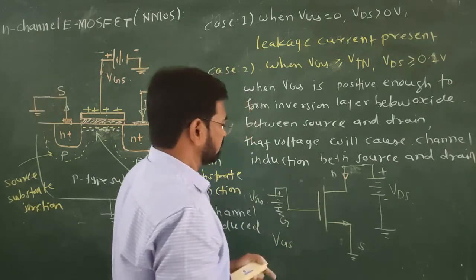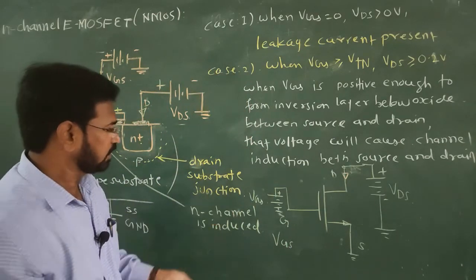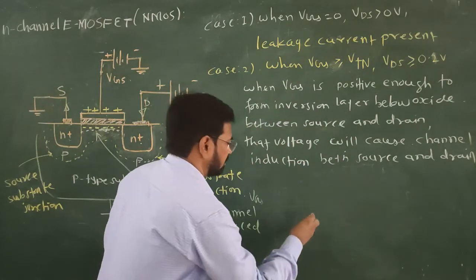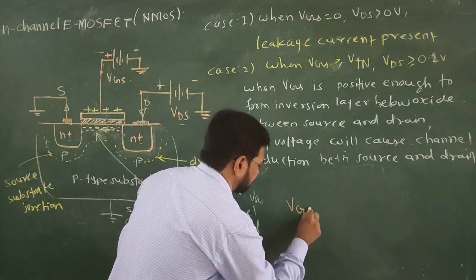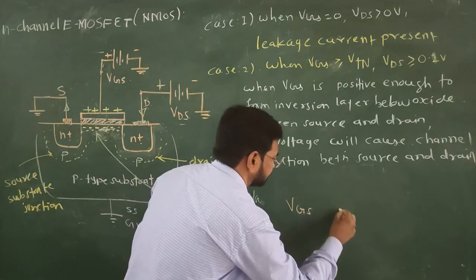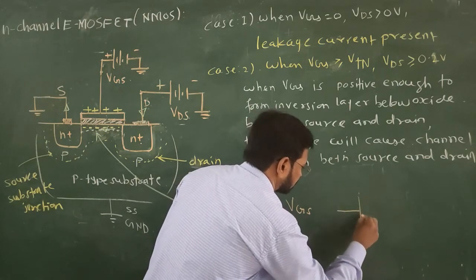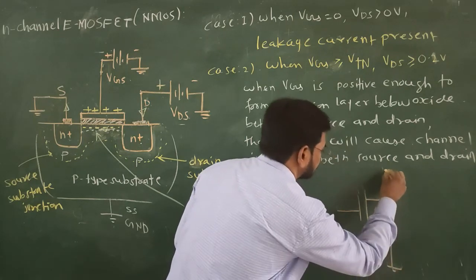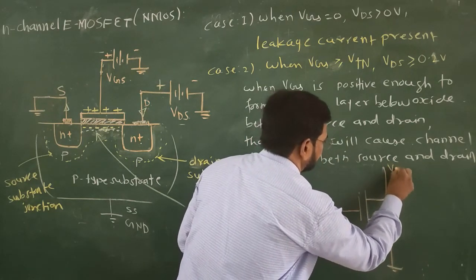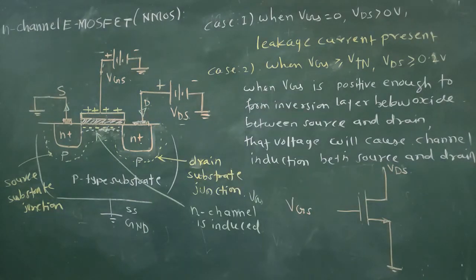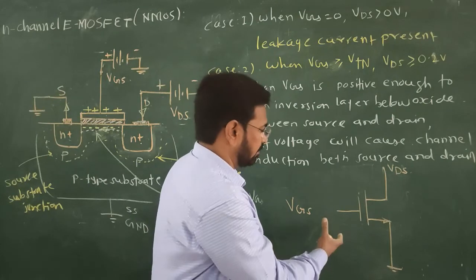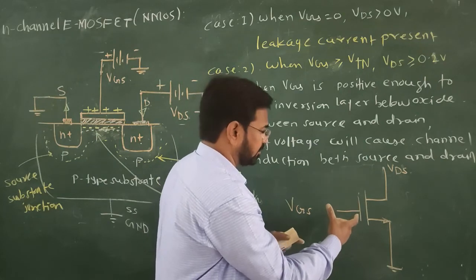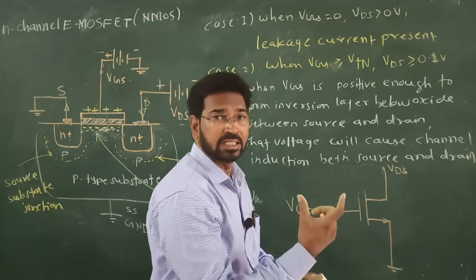Now, the same circuit can be shown as a VCCS. We can write this with the gate terminal as a controlling terminal, and this symbol of MOSFET, source and drain. So, this operation tells that this MOS transistor works as a voltage controlled current source.